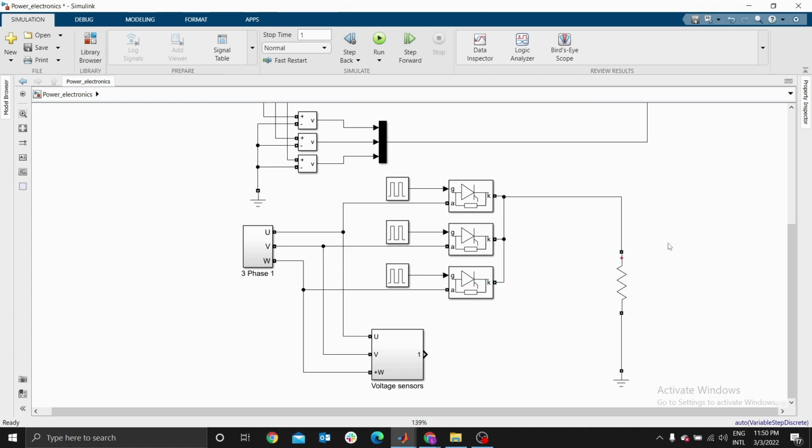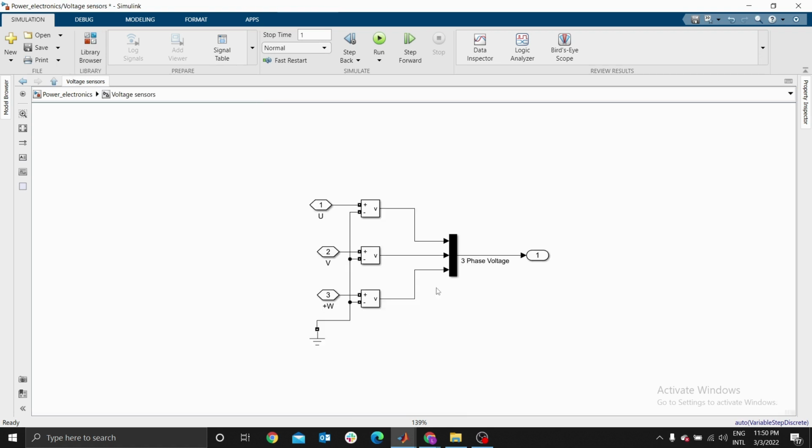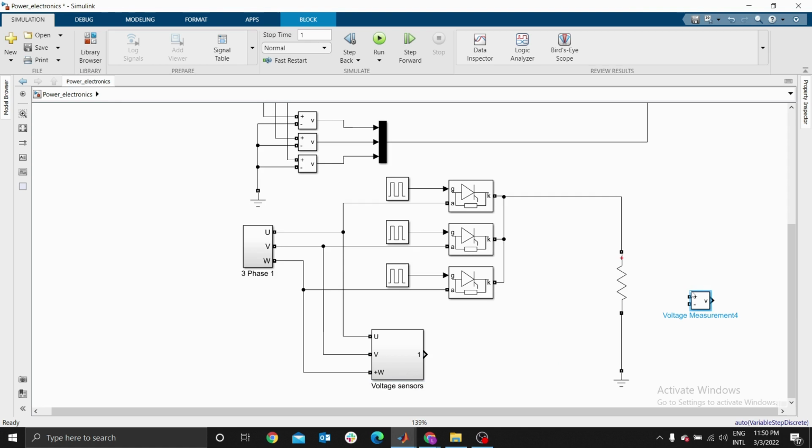That's the difference between a single phase and a 3-phase. You always use ground to terminate the low potential side. Then I need a voltmeter. I can copy this, Control C, and paste it here. This is our main interest, to see the controlled voltage output.